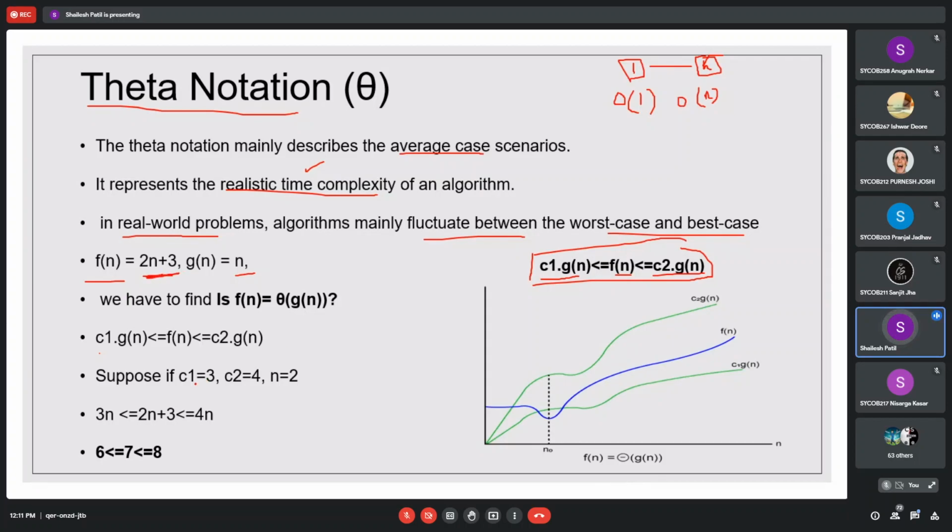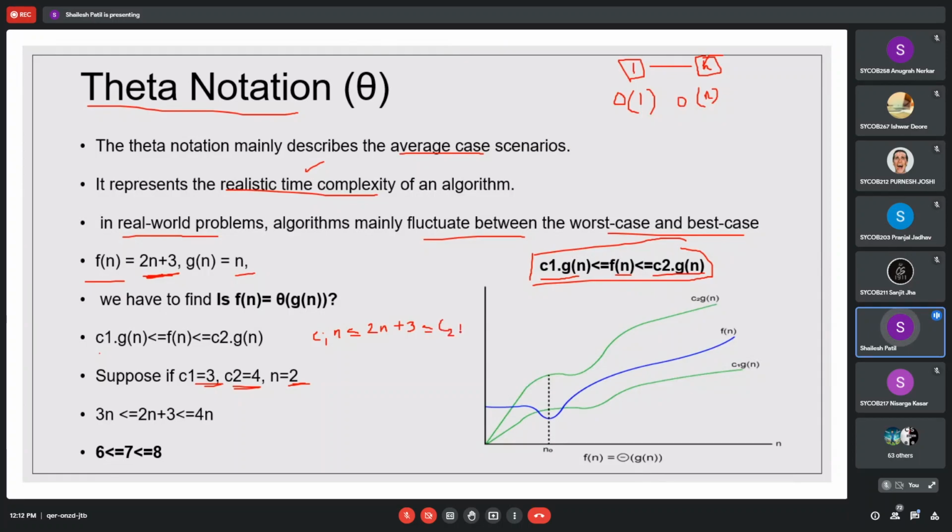We can take c1 as 3, c2 as 4, and n equal to 2. Let's check. The formula is c1 into n is less than or equal to 2n plus 3, which is again less than or equal to c2 into n.